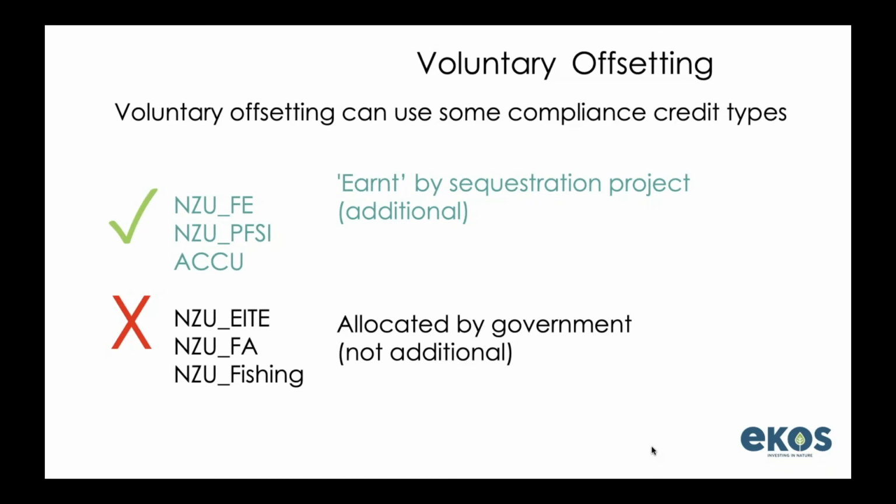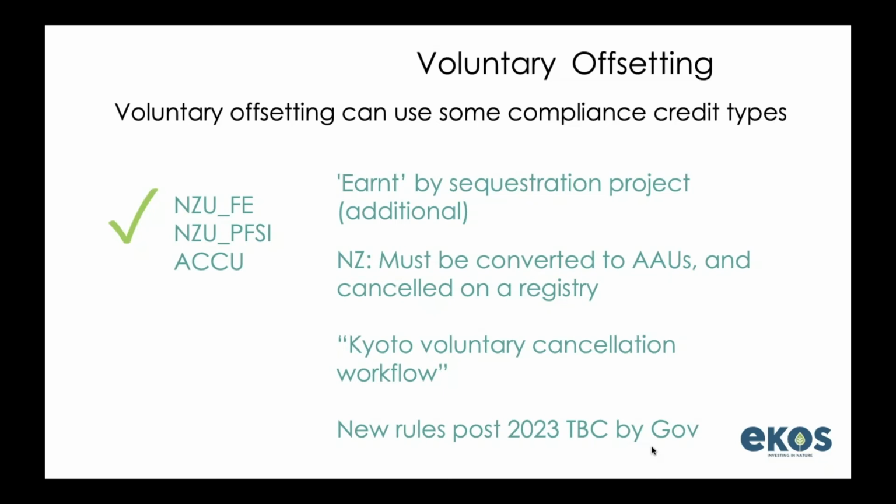Australia will have similar in what used to be called Ekos, which is now called something else, which name escapes me, carbon friendly or something like that. Getting to a bit of detail here, if you're using compliance credits, they have to be treated in a certain way in their cancellation procedure if they're going to be considered legitimate offsets. And for New Zealand forest units, they need to be converted into another type of unit called an assigned amount unit and then cancelled on the registry.